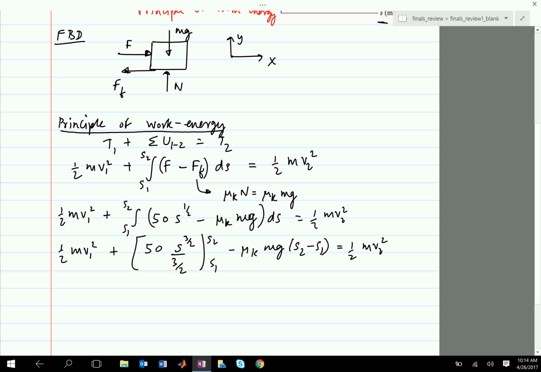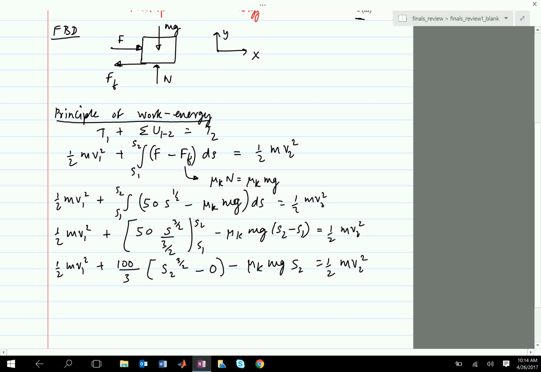Okay, so this is 50 times 2, so it's 100 divided by 3, times s2 to the 3 halves, minus s1 which is 0, minus mu k mg s2 equals half mv2 squared.